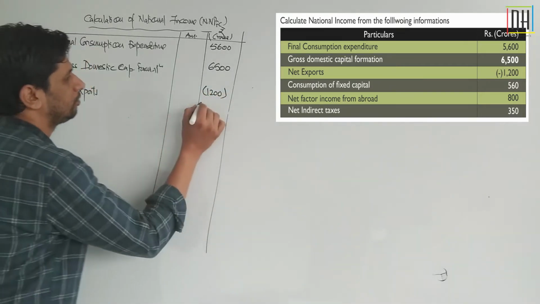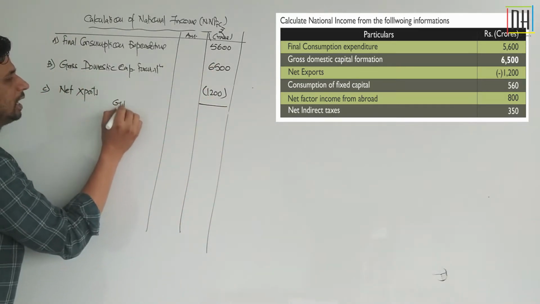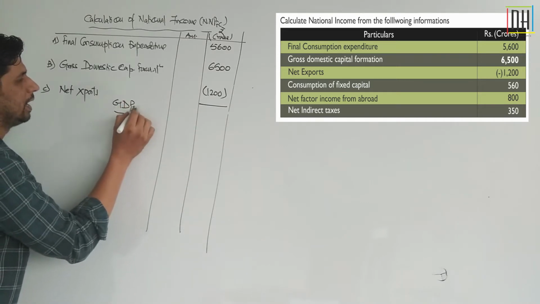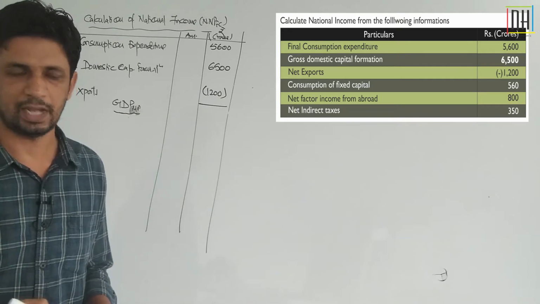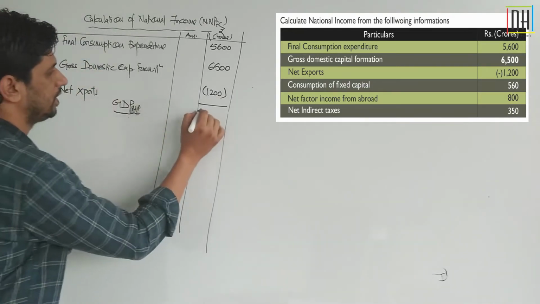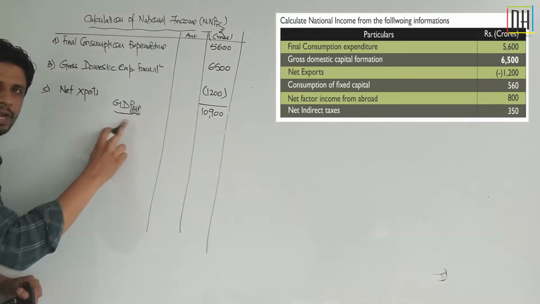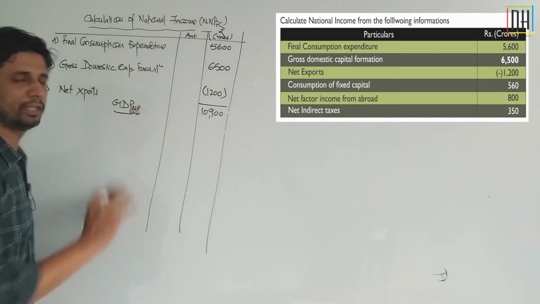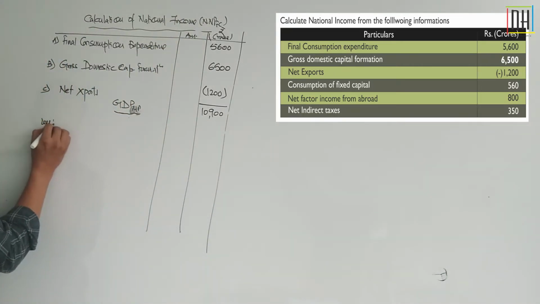Now the total of all these three constituents will be the GDP at MP, GDP at market price. After adding all these values, we get a resultant value of 10,900, which is our GDP at market price. But we have to calculate the NNP at FC, so we have to go from G to N, so we have to deduct what?